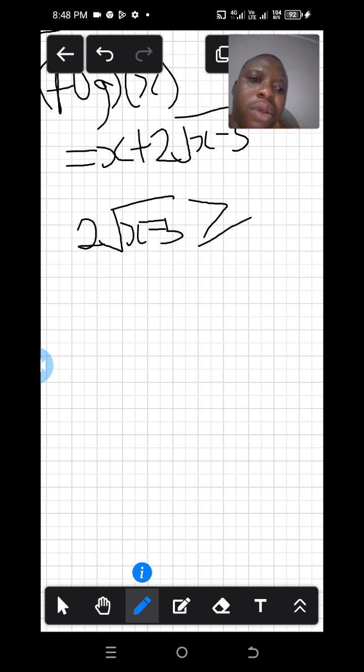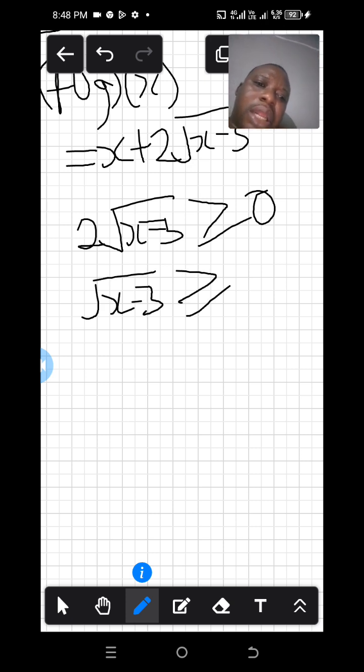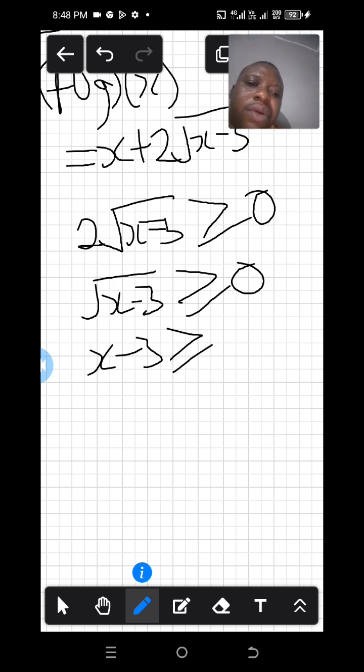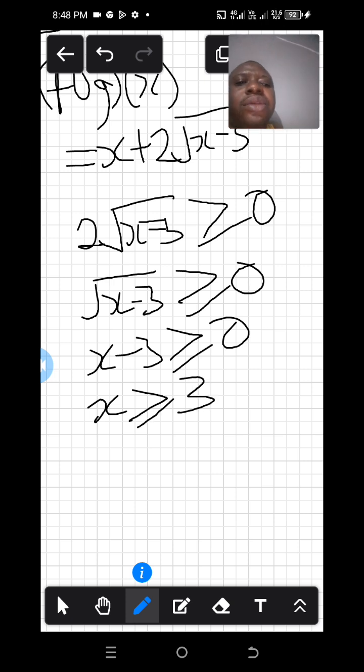It must be greater than or equal to 0, because the square root of a negative is undefined. So x minus 3 is greater than or equal to 0, so x must be greater than or equal to 3. So that's the domain. The starting point of the values of x must be 3 and above.